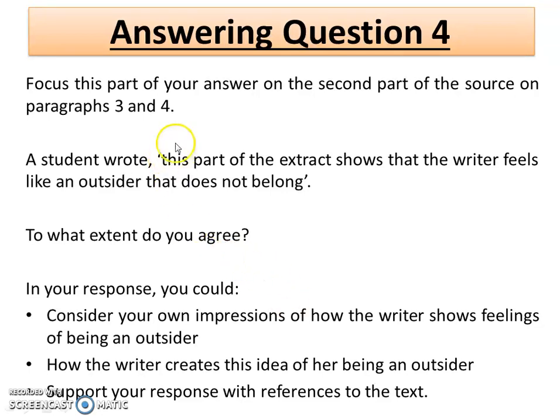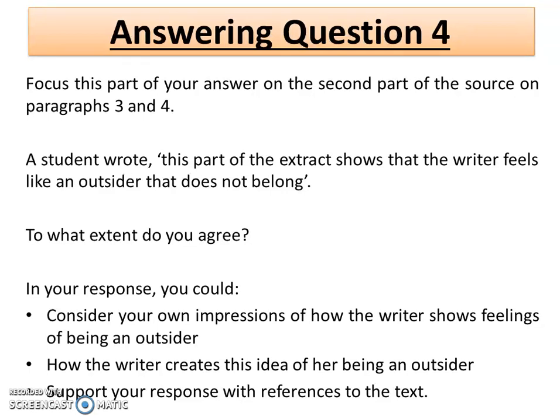Here is your statement, and in here the statement is that the writer feels like an outsider and someone who doesn't belong. Okay? You highlight those things and you keep them in mind, and then you go back to your paragraphs and you start looking for evidence that agrees with the statement.